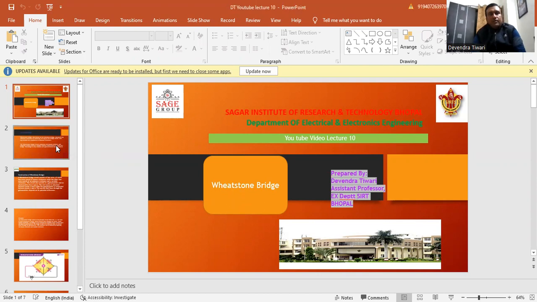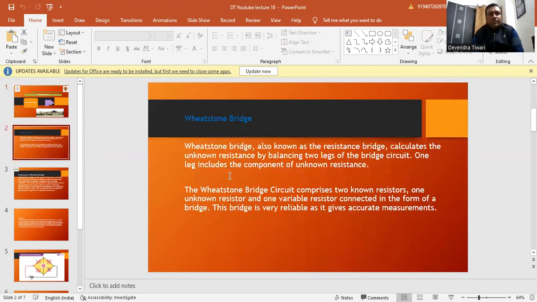As we know, in instrumentation, we have to measure several quantities. The Wheatstone bridge, also known as the resistance bridge, calculates the unknown resistance by balancing the two legs of the bridge circuit. One leg includes the component of unknown resistance.